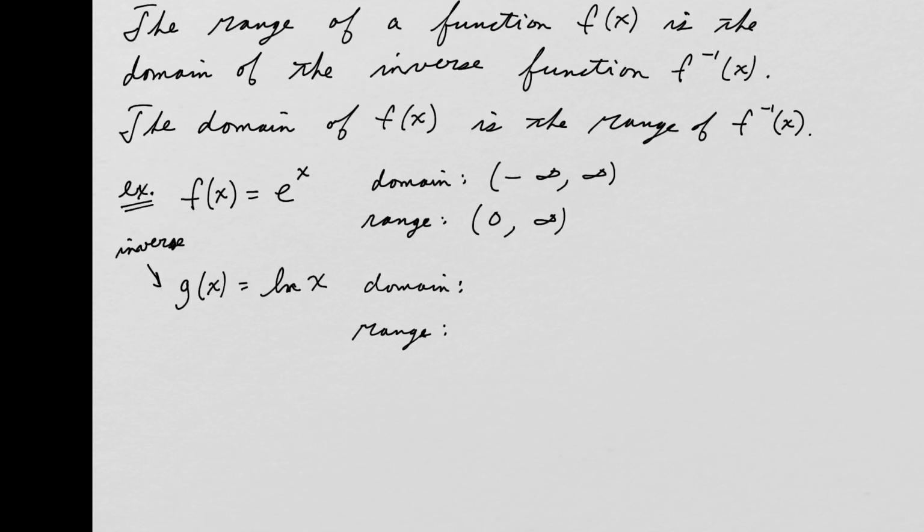Well, without even having to know anything about exponential functions and log functions, we know that if one function is the inverse of the other, then the domain and range are going to switch. So the domain must be what the original range was. So the domain of the log is 0 to infinity. And then the range is going to be the original domain, so it's negative infinity to infinity.